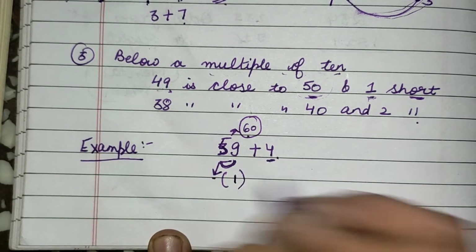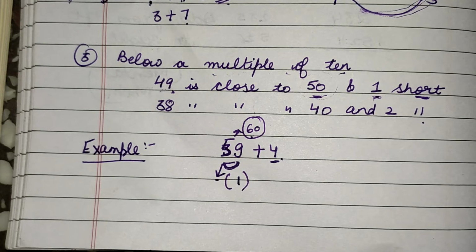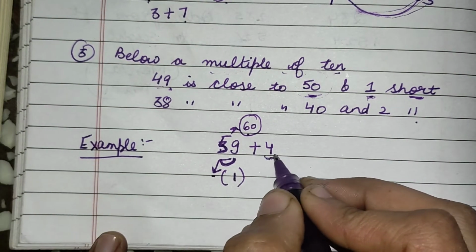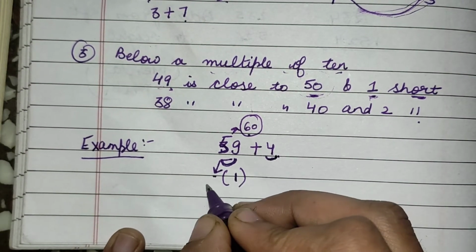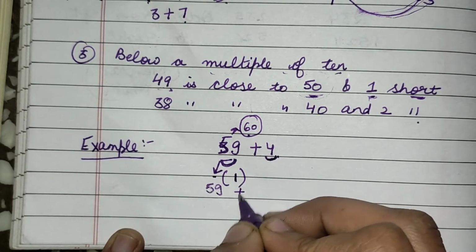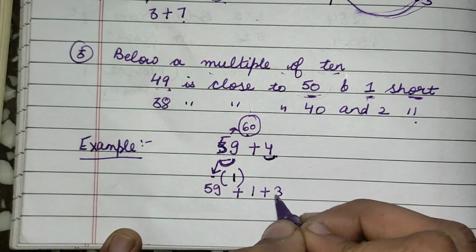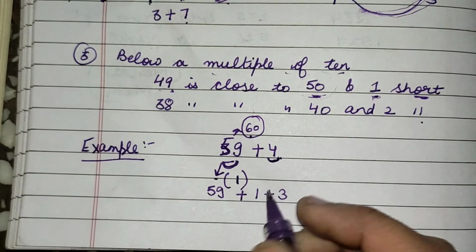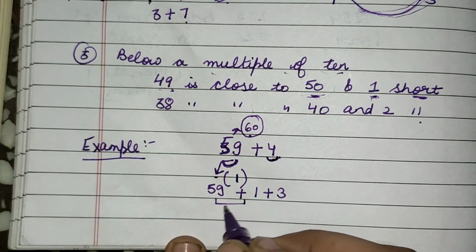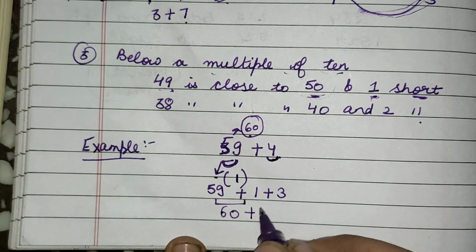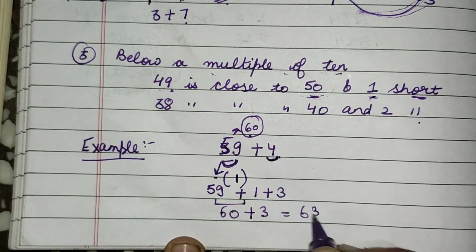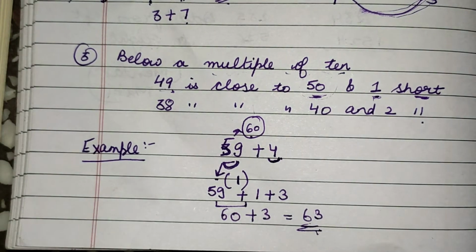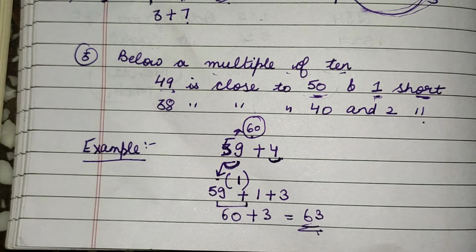It is lesser than 60 by 1. So what I will do is break this value 4 into two parts such that 1 plus 3 is also 4. So 59 plus 1 will become 60, and 60 plus 3 will become equal to 63. This was a very simple and basic example to make you understand how this method works.